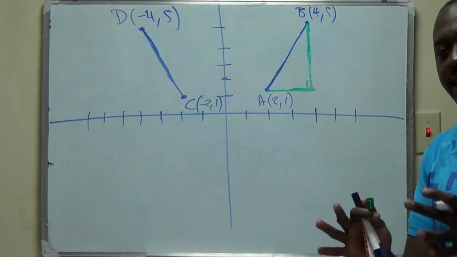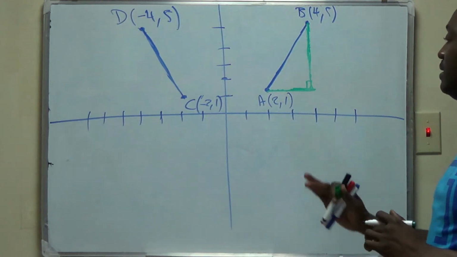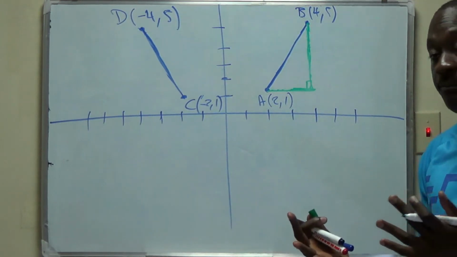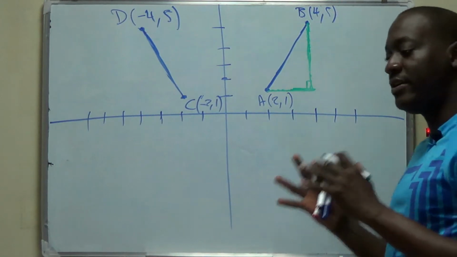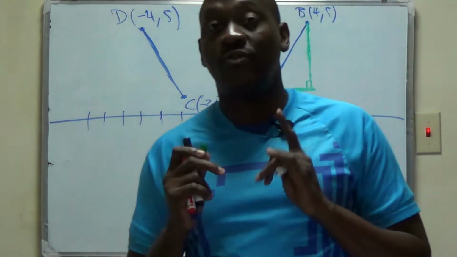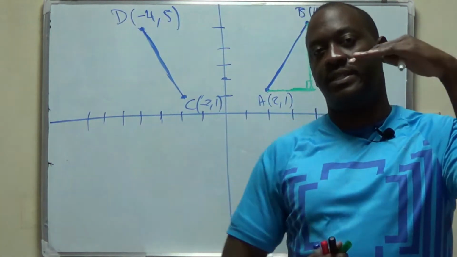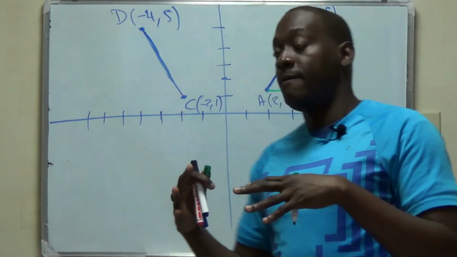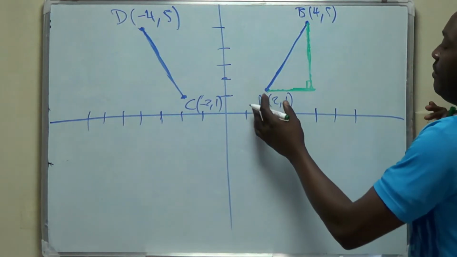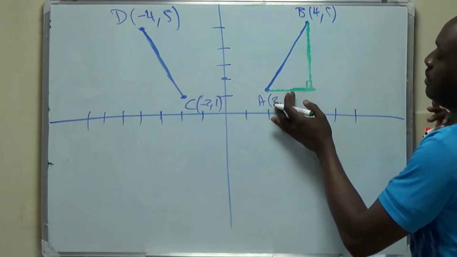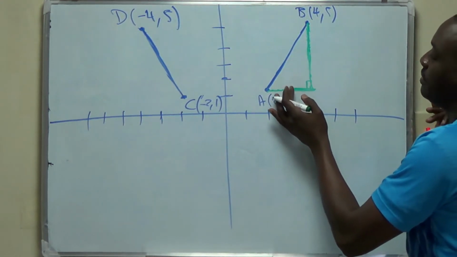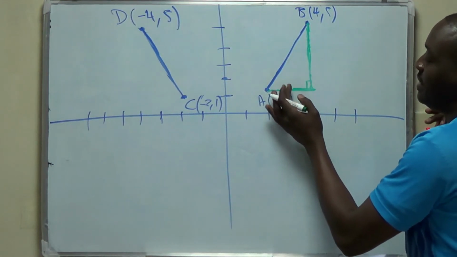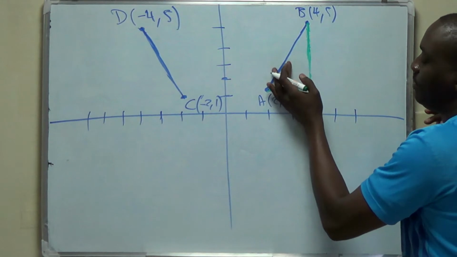Now we're going to use the same right angle triangle to define the concept of the gradient, because remember that the gradient is defined as the ratio of the vertical distance to the horizontal distance. So for each unit of horizontal movement, you have a particular amount of vertical movement.